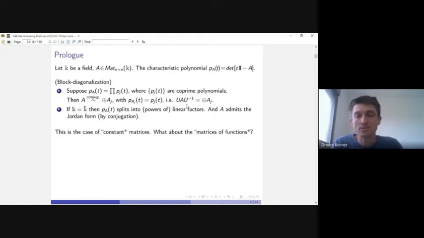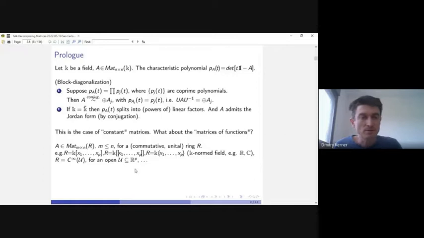What about matrices of functions? Yes, matrices, say, of polynomials or of analytic functions. So let me formulate the question. We have a matrix. Now it is not necessarily square, just a rectangular matrix. We will always assume that m is less or equal than n. So the number of rows is at most the number of columns. And the entries of this matrix lie in some commutative unital ring.